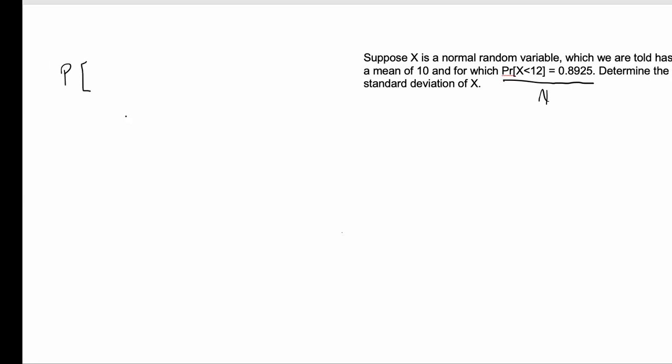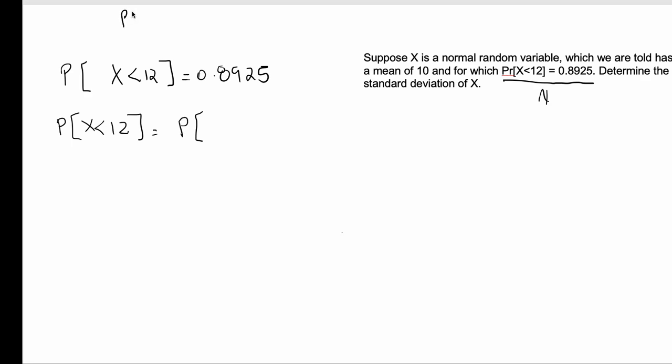The guy did this. The probability of x being less than 12 is 0.8925, right? But the way he found this number, it has to be by standardization. So it has to be by doing P of x less than 12, which is equal to the process of standardization. Let me remind you how we do it.